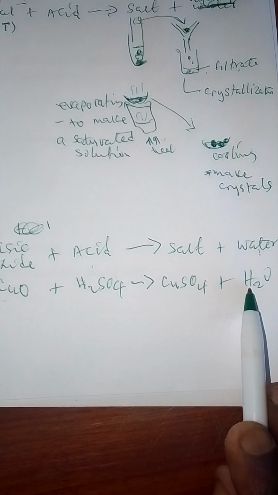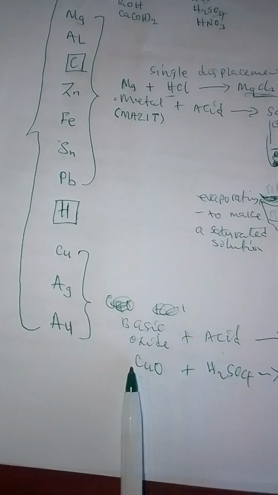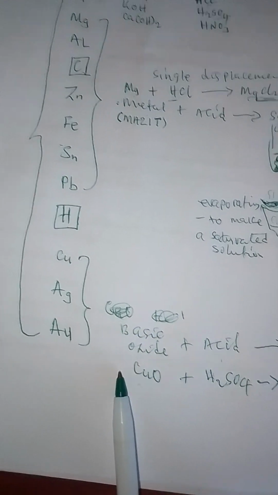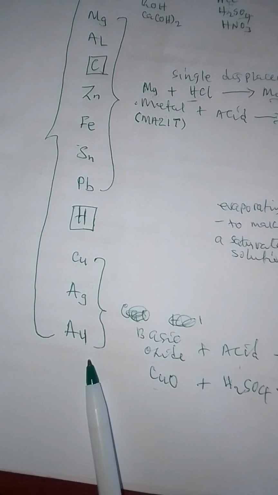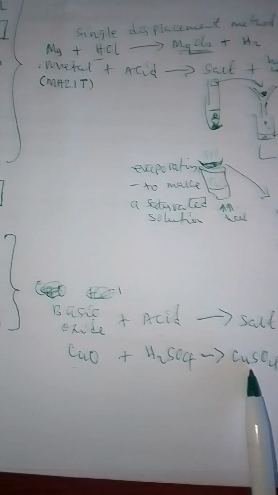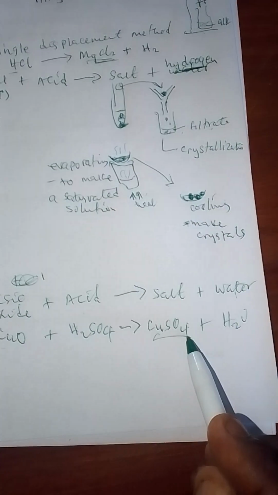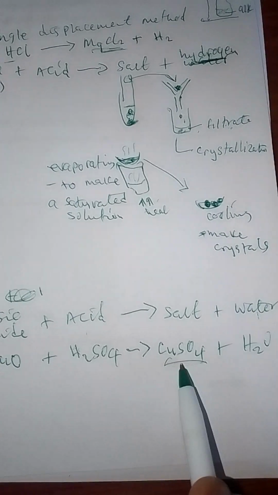Have you seen that? So here, you react the acid with the basic oxides of these unreactive metals. Then you have your what? Your soluble salt. All these salts are soluble. That is, this one, copper sulfate, whatever salt you produce here is soluble.